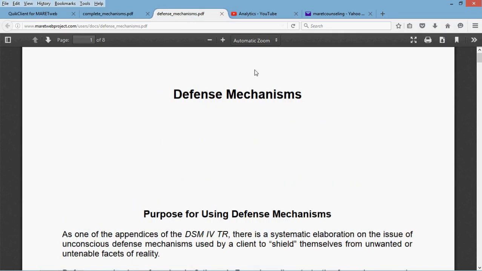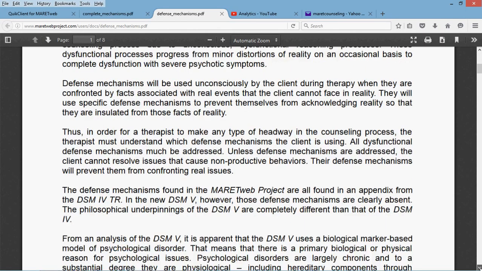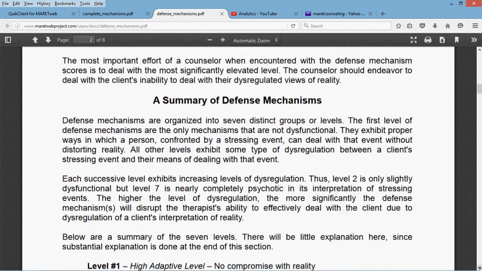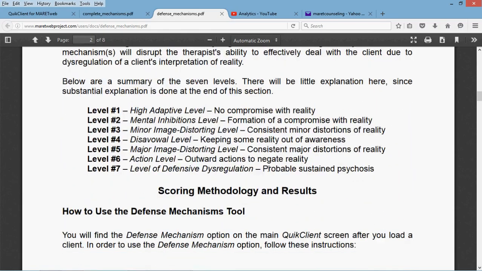The first one, Defense Mechanisms. This section of the manual teaches you how to use it. But one thing in particular that I want to show you, down on page 2, there are 7 different levels of interpretation, 7 different levels of reality testing with these 31 items. And these are the different 7 levels. You see it goes from a high adaptive level, level 1, all the way down to complete defensive dysregulation.